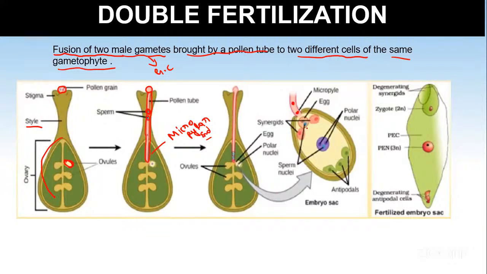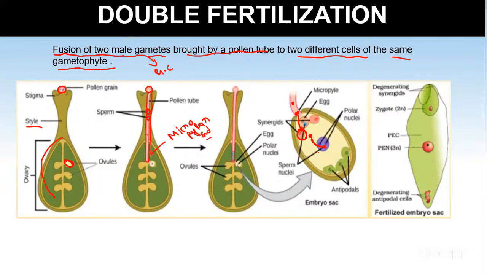Now one of the male gametes is going to enter the synergid first, and that synergid is going to burst out. Okay, remember, one male gamete enters the synergid first, then this synergid bursts out. Now the male gamete released from the synergid is going to fuse with the central cell.